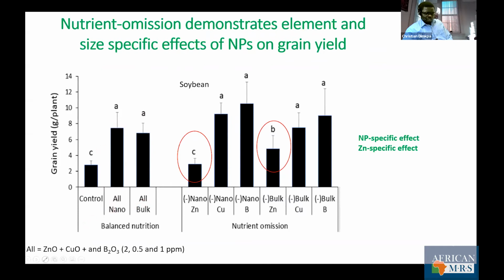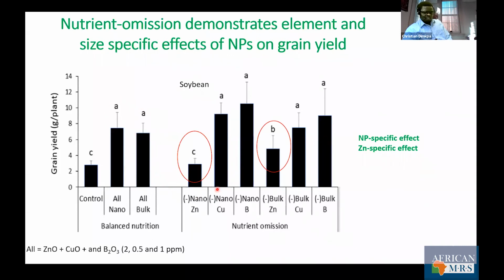So all means you have zinc, copper, and boron as nanoparticles. You add them in the soil, you grow your soybean, and you see the effect compared to the control. You do the same for bulk, all these nutrients, and you grow your crop and see the effect as a bulk fertilizer. There's no difference between the nano and bulk in this case.